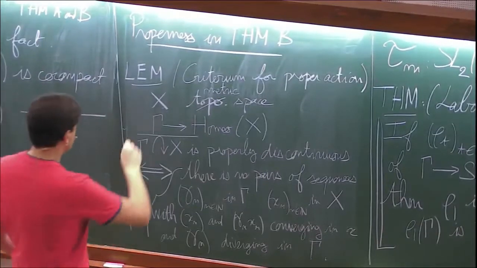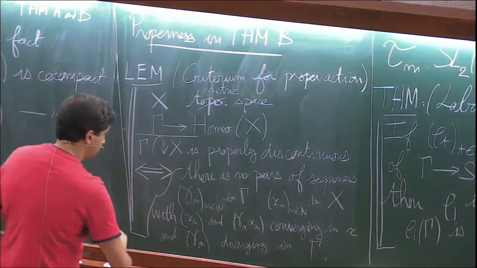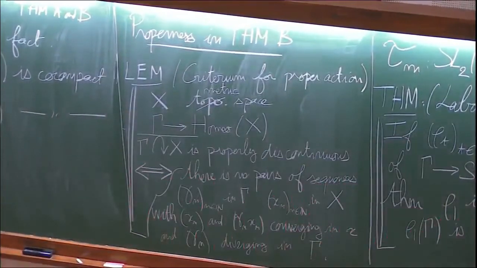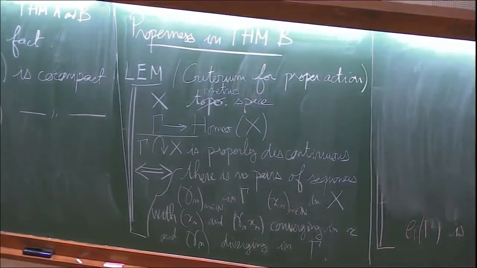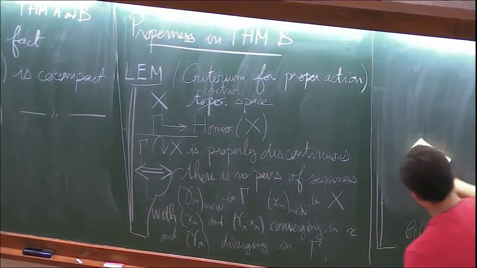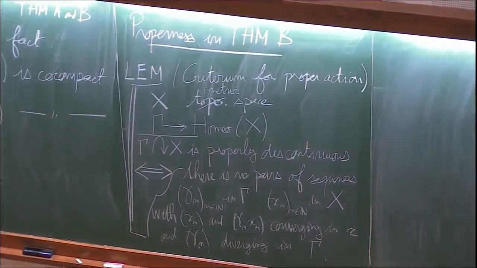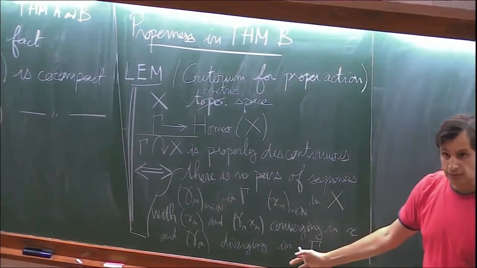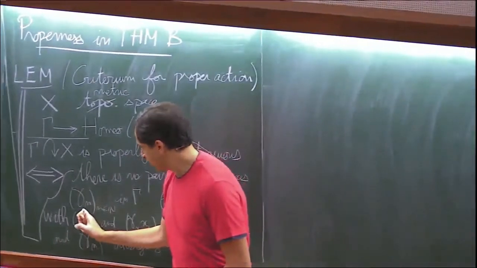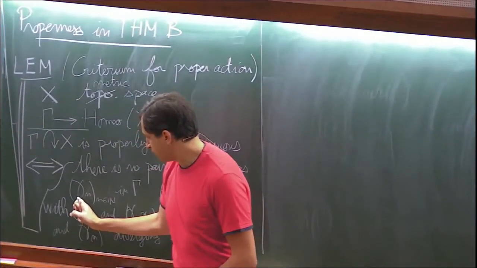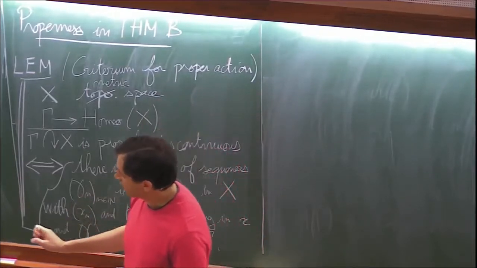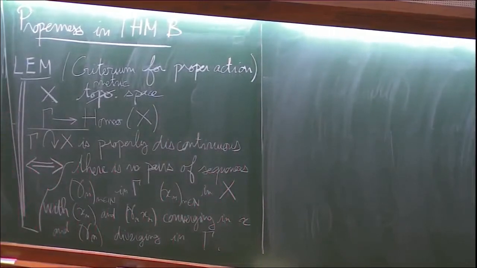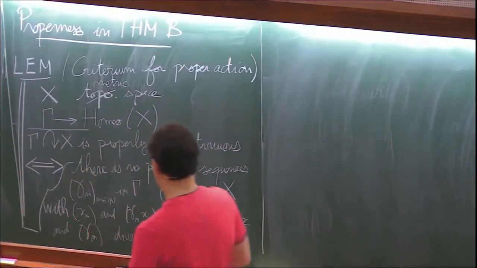Okay. So what I need now is to apply this result. I need to understand the dynamical behavior of diverging sequences in gamma when they act on this complement.